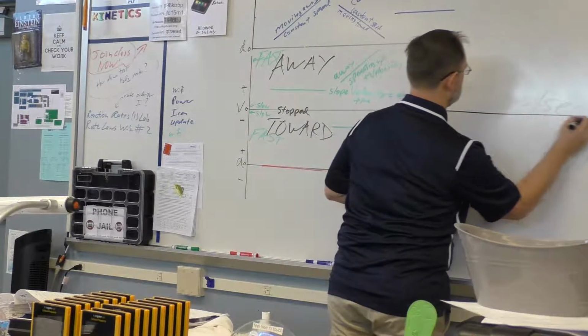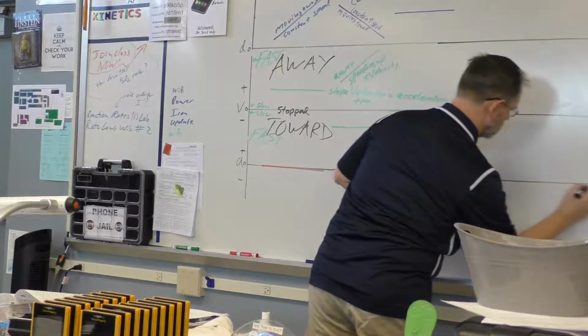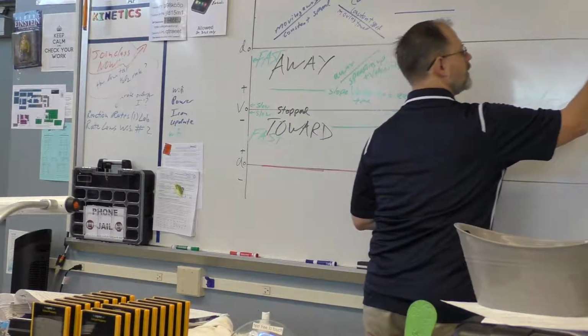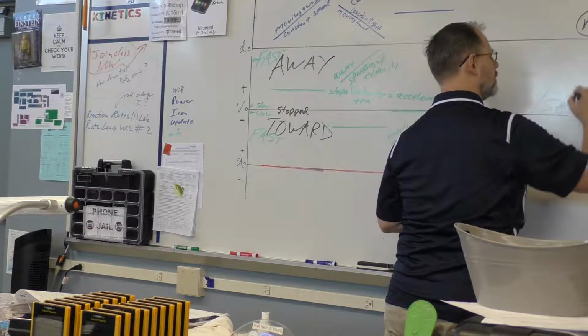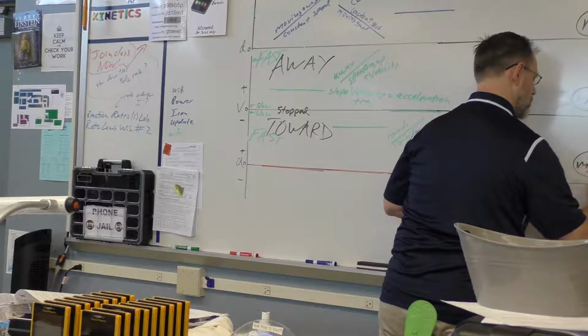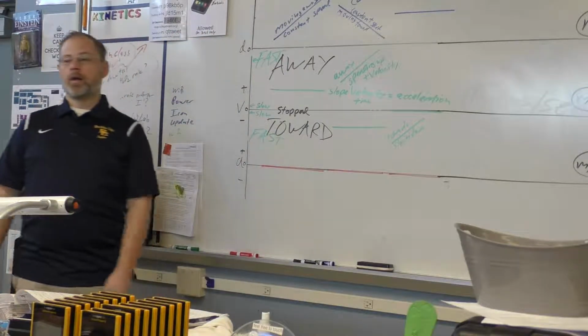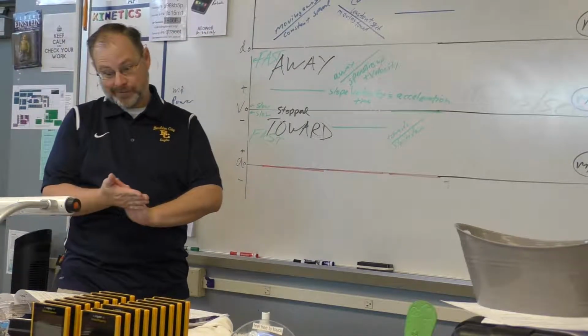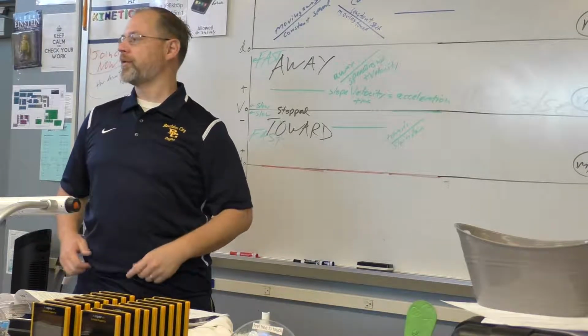If we're in the negative zone and slowing down, it would be positive. They're opposite speeds. All right, there's our minute. Take 10 football seconds.